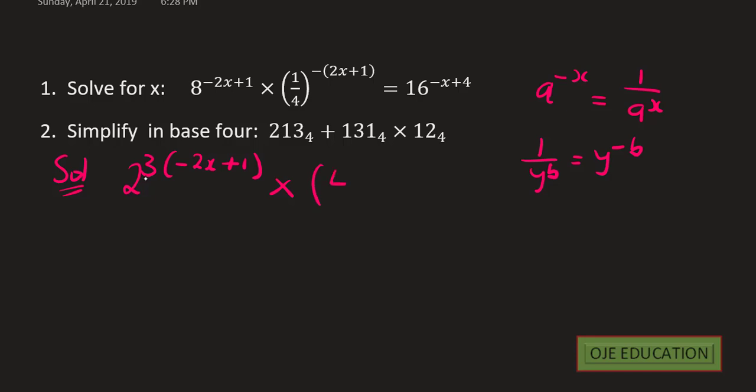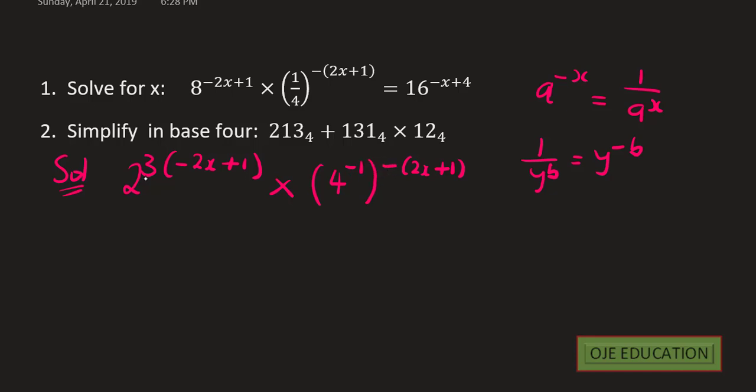So this becomes 4 to the power of minus 1 in brackets. Then I have minus open bracket 2x plus 1. So that is the original power here that was outside these brackets. Look at it here. Then 1 over 4 becomes 4 raised to the power of minus 1. So minus 1 will multiply minus 1 to give us plus 1.